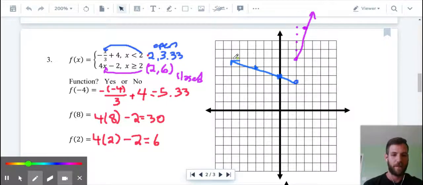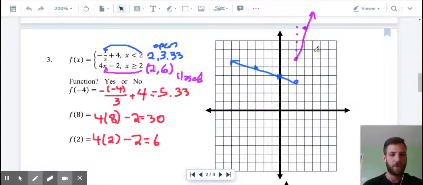Now, if I wanted to decide if this is a function or not, I just need to look at my graph. The whole blue part, I can draw a line through all of that. No x has more than one y. Same with the purple. And we just need to look at this intersection point right here where I can draw a nice green dotted line. Well, I know that I have an open circle right here, and a closed circle right here. So it's not failing the vertical line test because I'm kind of ignoring the open circle.